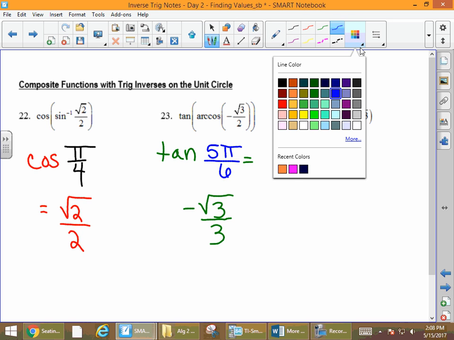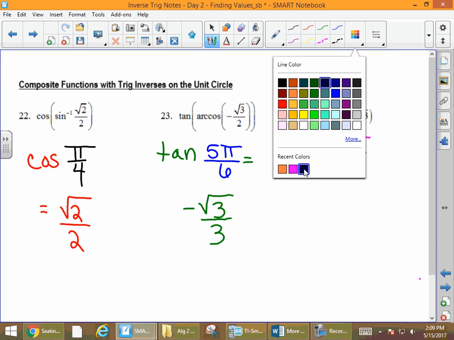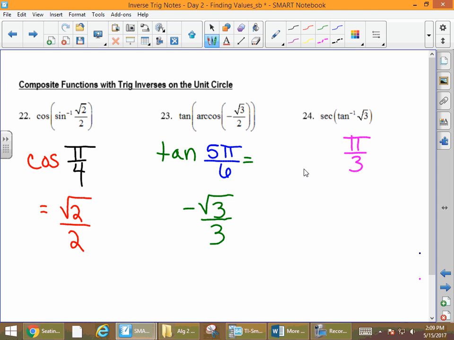So finally, here, we want to figure out what the inverse tangent of radical 3 is. And our inverse tangent of radical 3 is pi over 3. And we're going to use that back in our secant function. So we want to know what the secant of pi over 3 is. But remember, secant is a reciprocal function. In fact, it's a reciprocal function of cosine.